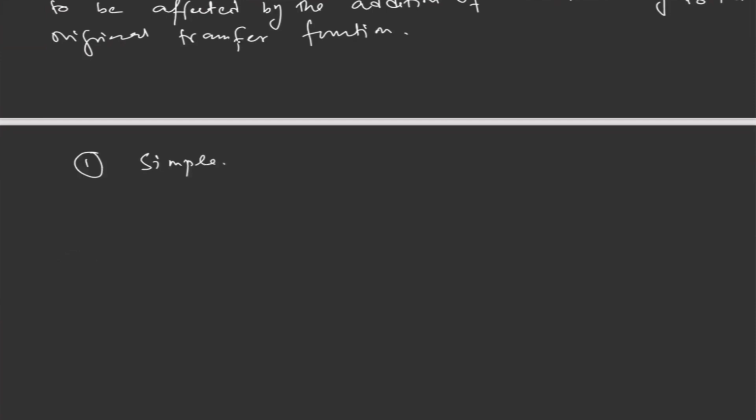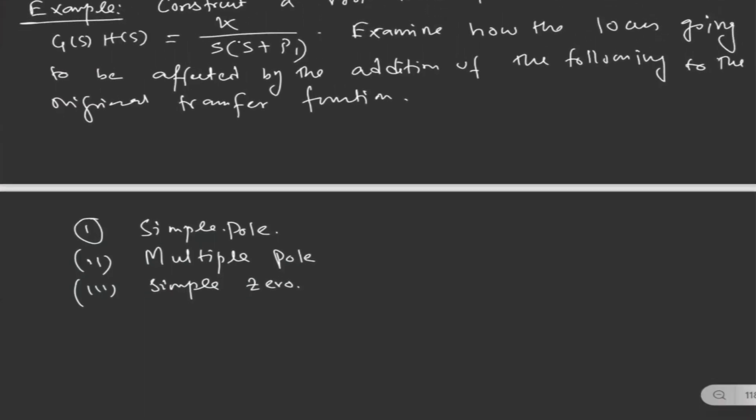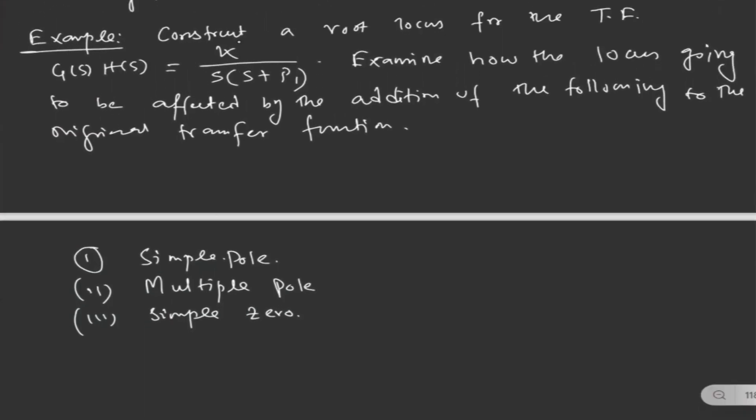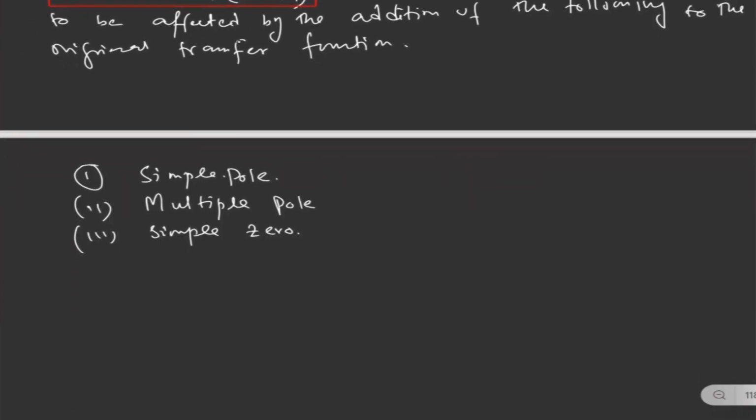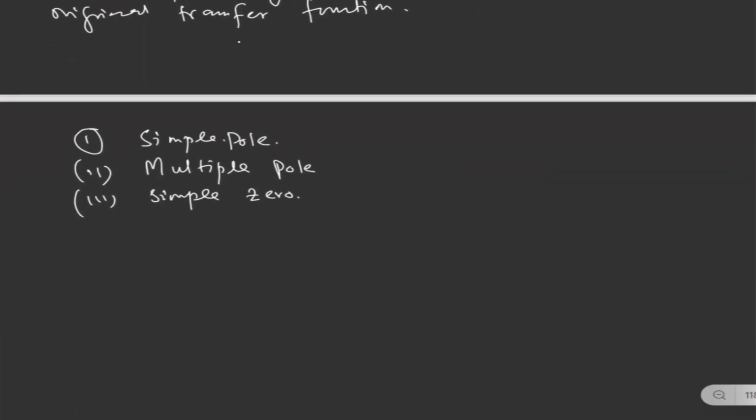In the second case we'll consider multiple poles. And in the third case we'll consider a simple zero. So we'll add this simple pole, multiple poles, or simple zero to this transfer function. Let's see the solution.